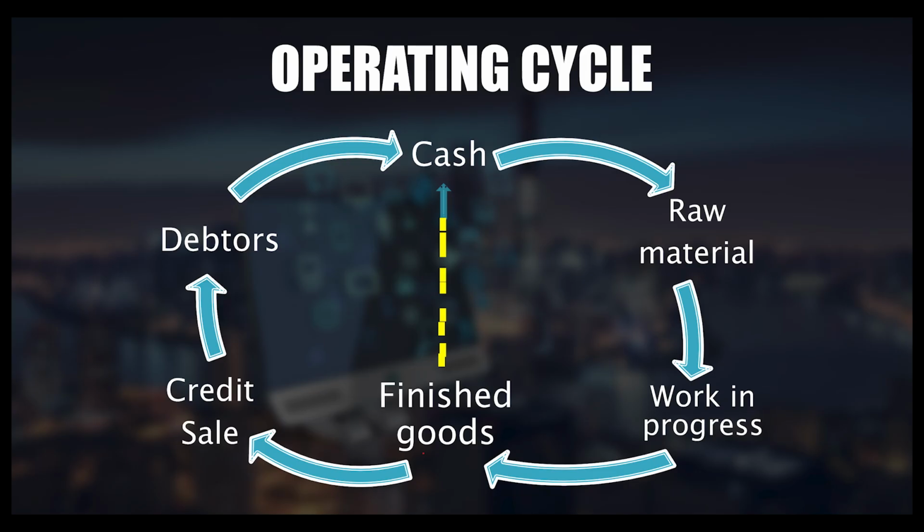Here, I start from the cash and convert it into raw material, then work in progress, then finished goods, then finished goods into cash. If you want one more step, we can go for the credit sale: finished goods converted into debtors, then debtors converted into cash.